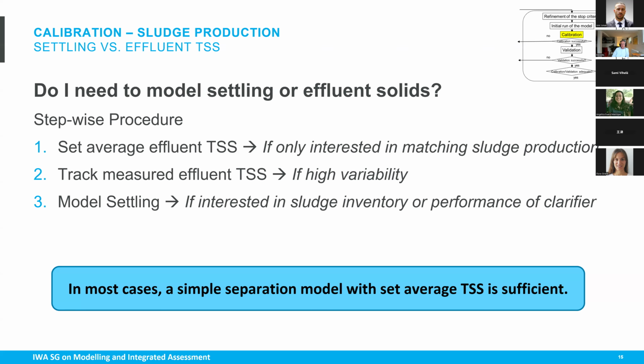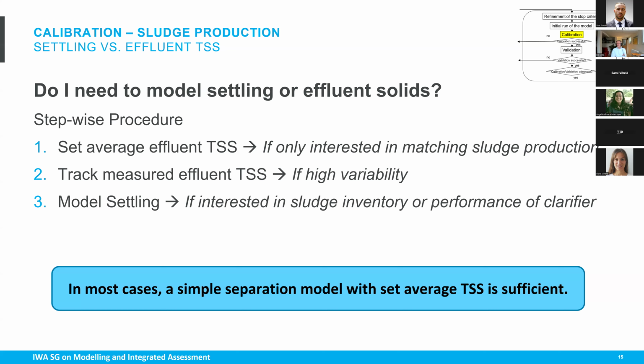The downside of the settling model is if you calibrate that too sensitive, you may have some unexpected results, where you are actually losing sludge in certain scenarios you are modeling.